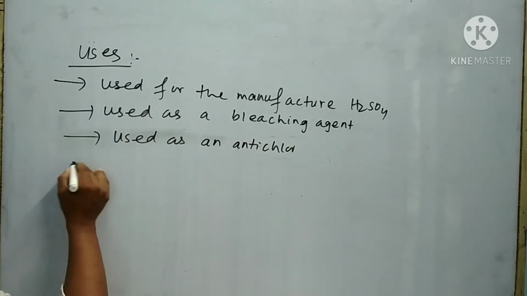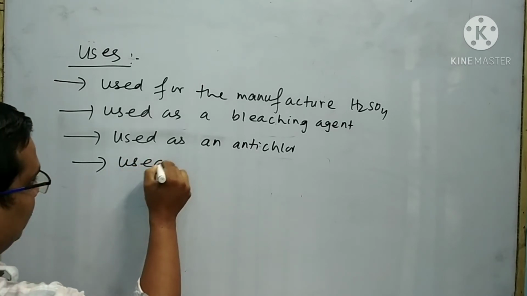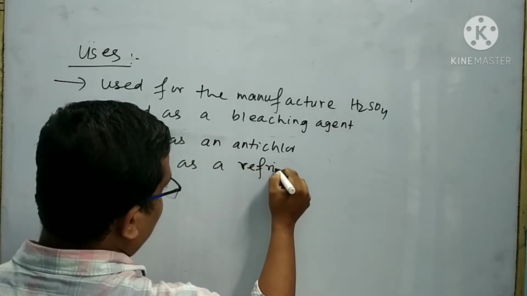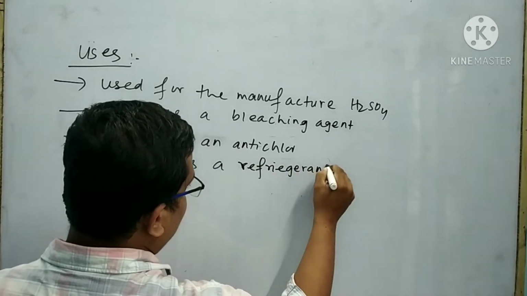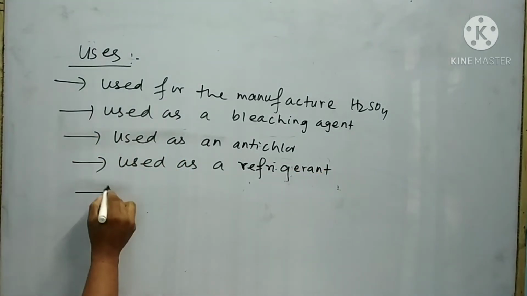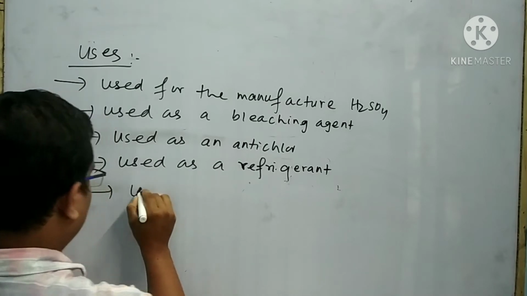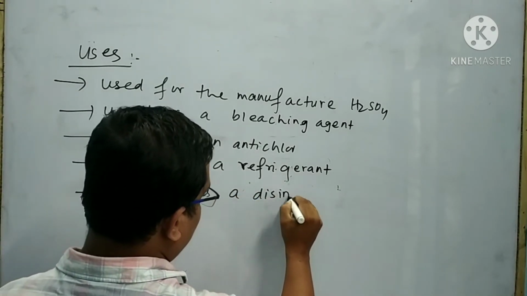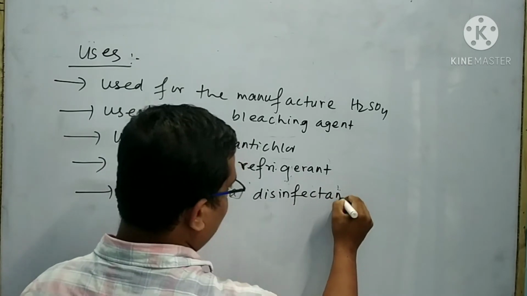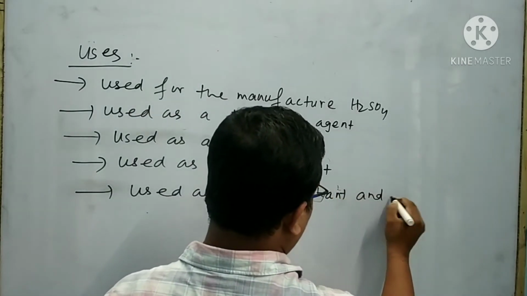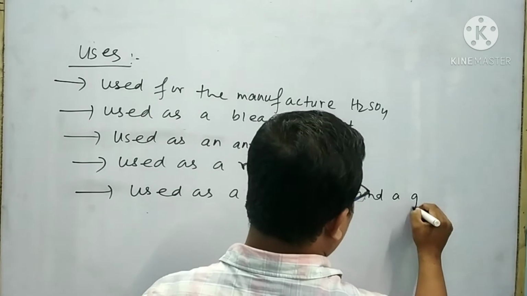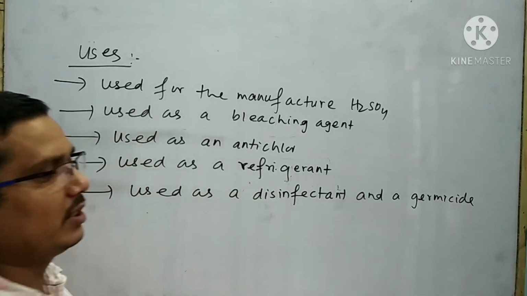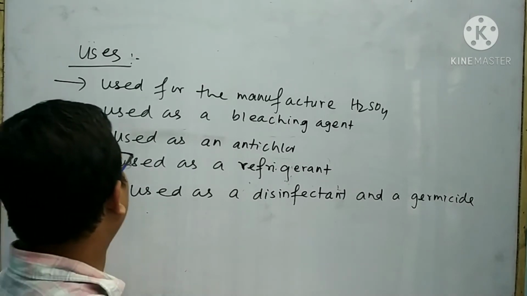Next use is it is used as a refrigerant. Next use is it is used as a disinfectant, and also it is used as a germicide. These are the uses of sulfur dioxide.